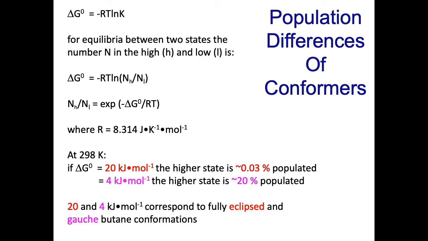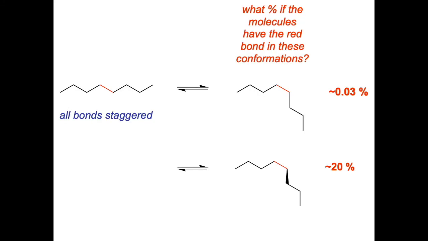We can calculate the population of molecules in that higher energy state, and it comes out to be around 0.03%.